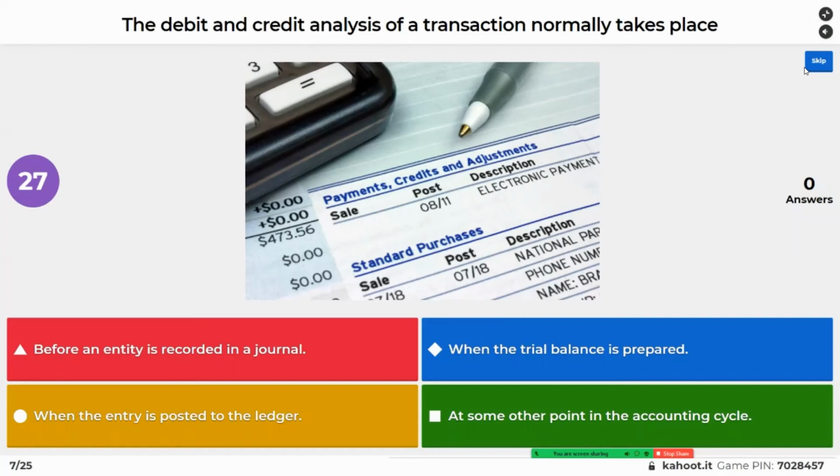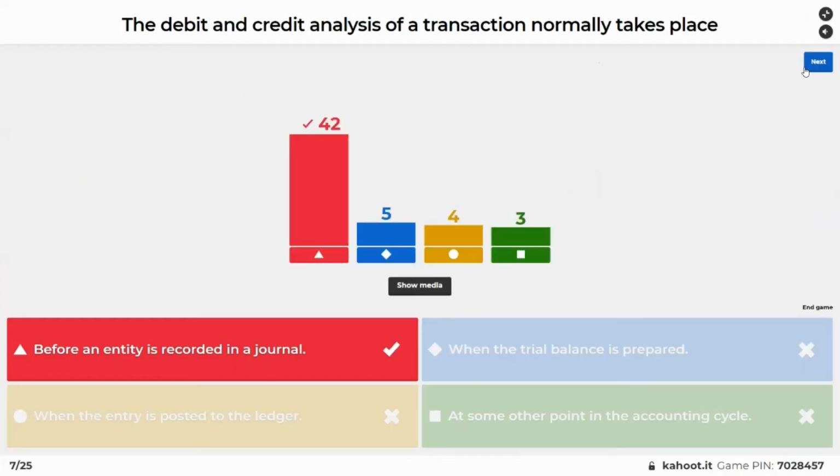The debit and credit analysis of a transaction normally takes place. Okay, so before an entry is recorded in a journal.